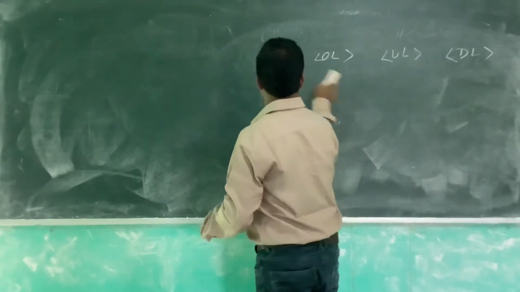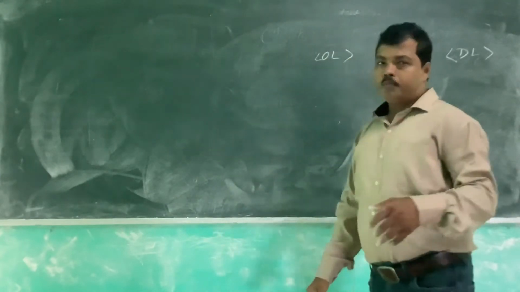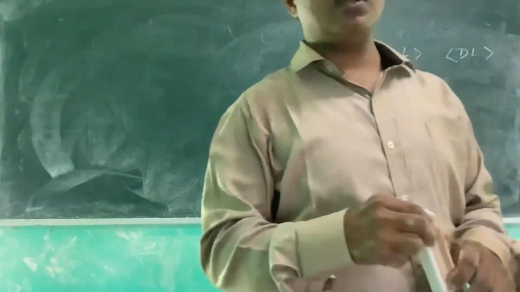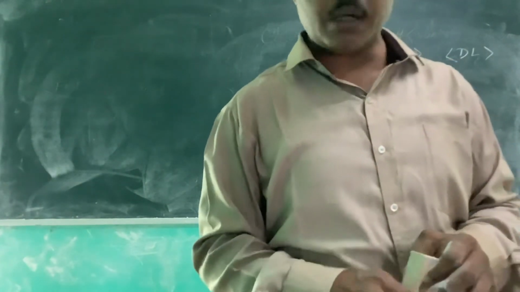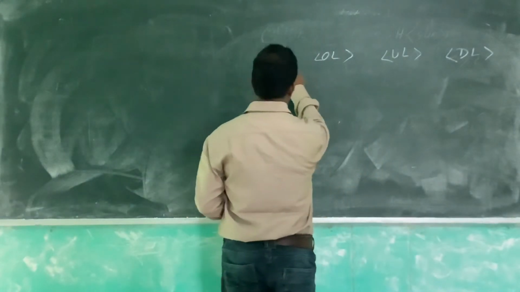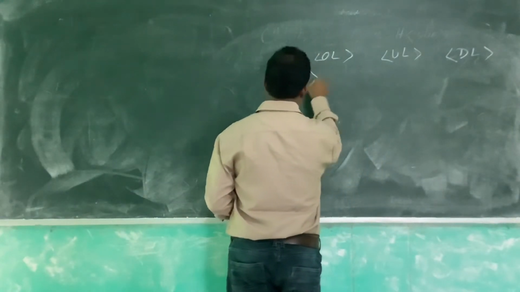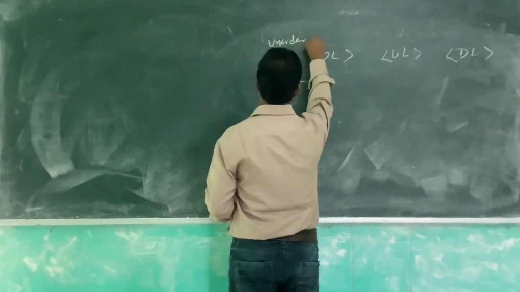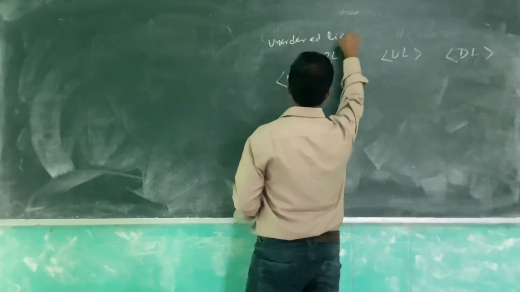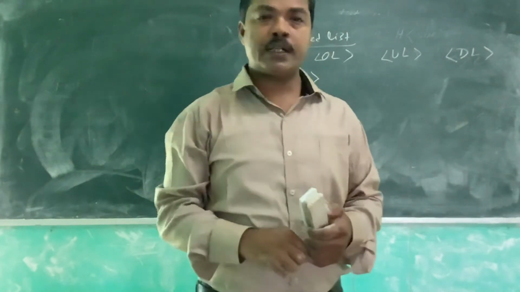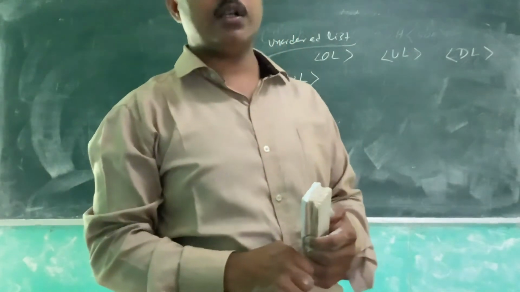To show some items in bulleted manner, just type UL tag. UL means unordered list. That means no order is maintained within the items.